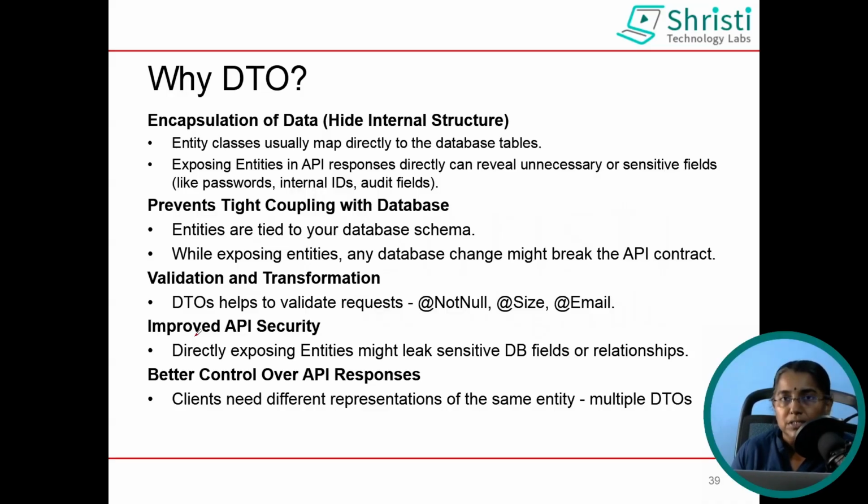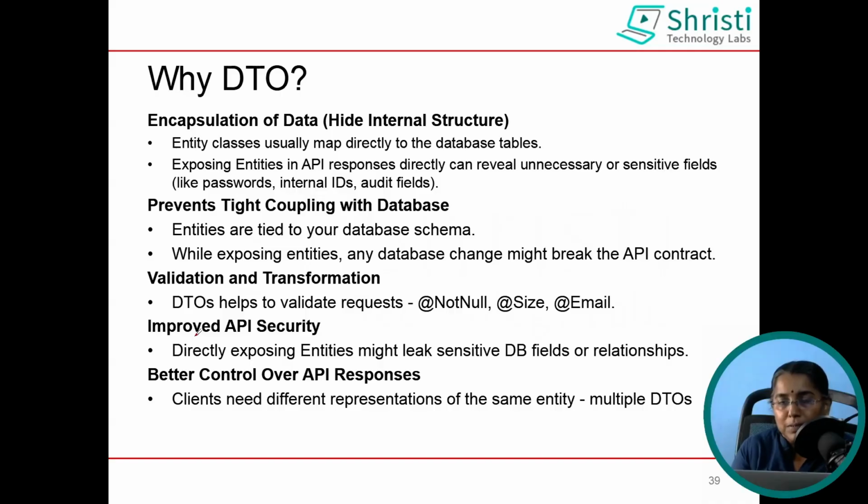Validation and transformation. Whenever you are getting input from the client, you need to validate it. There are certain libraries that help to do the validation. For that, we also use annotations like not null, size, email, required, min, max, and so on. Now, I cannot add these annotations to the entity classes because there is no separation of concern.